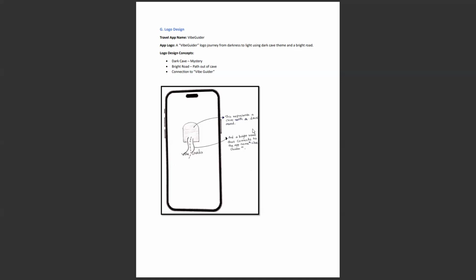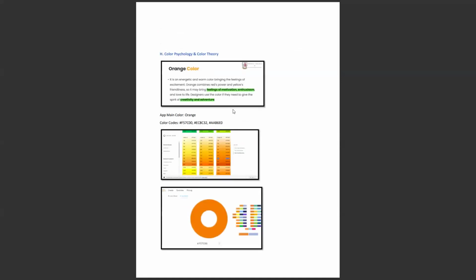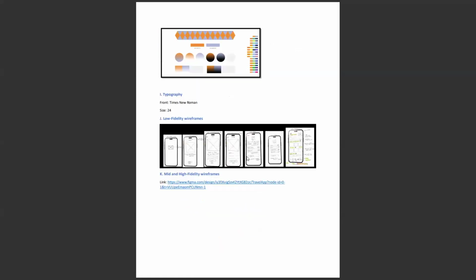Here I put in my sketching for reference. I chose my colors based on the orange color, and I present the core colors and what colors I chose for my app, and the font sizes that were set.